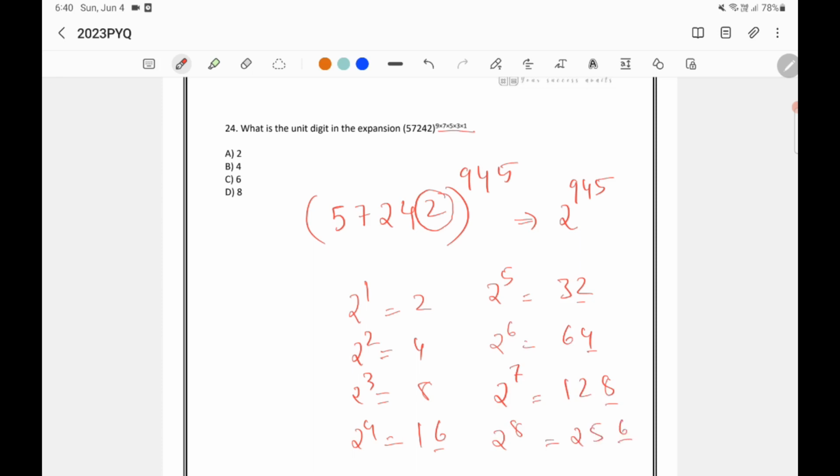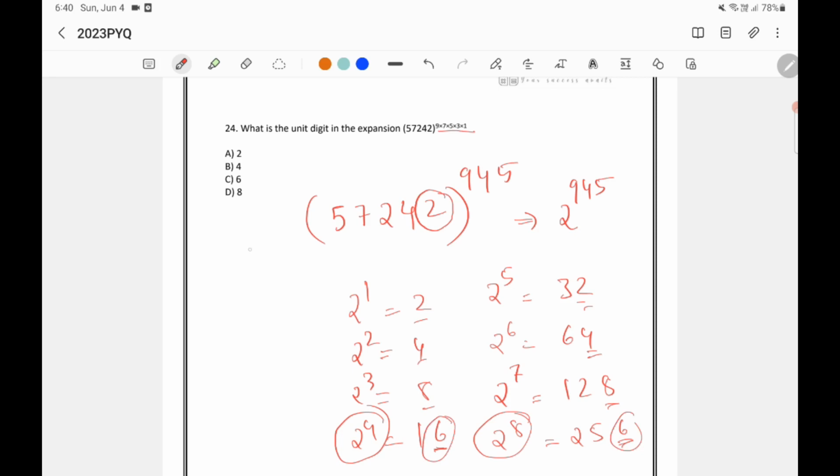Now, if you see here, unit digits are repeating. That is called the cyclicity of power. So here 2, 4, 8, 6, 2, 4, 8, 6, it's going like that. So 2 raised to 4, 2 raised to 8, unit digit is 6. That means 2 raised to a multiple of 4, you will get 6 in the unit digit.